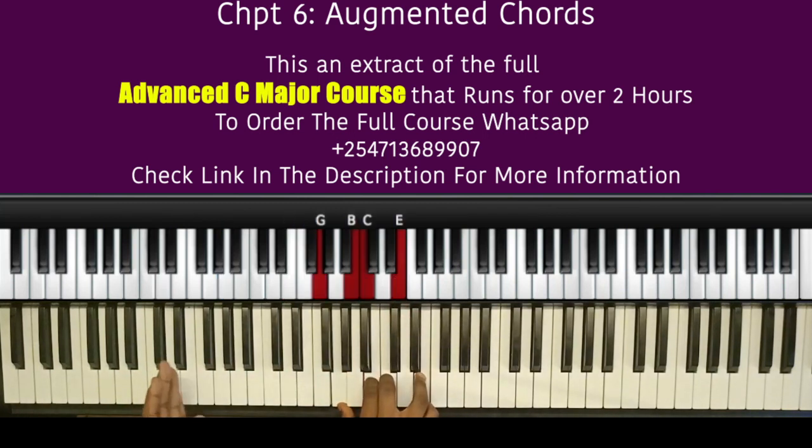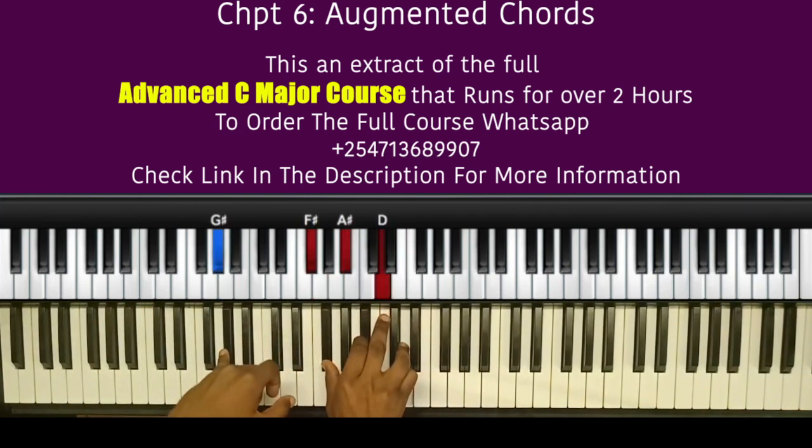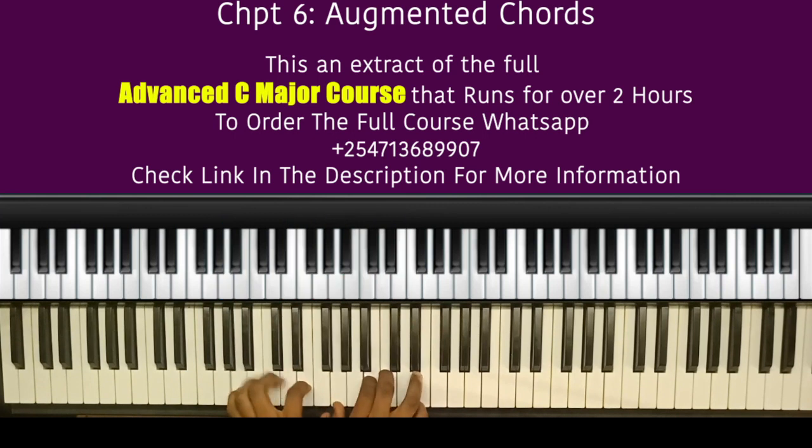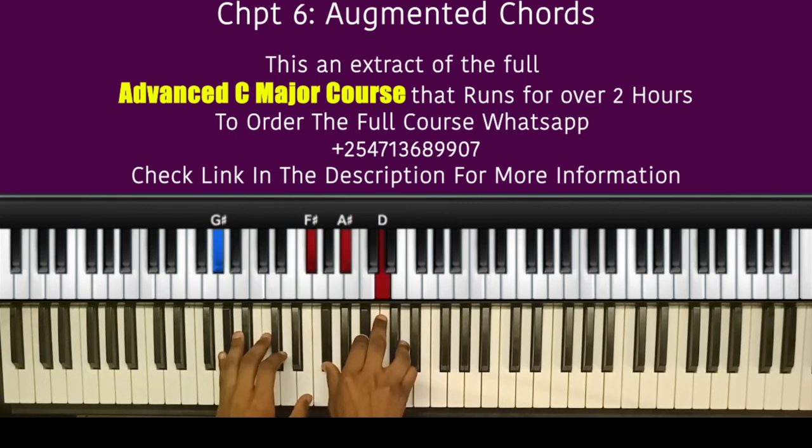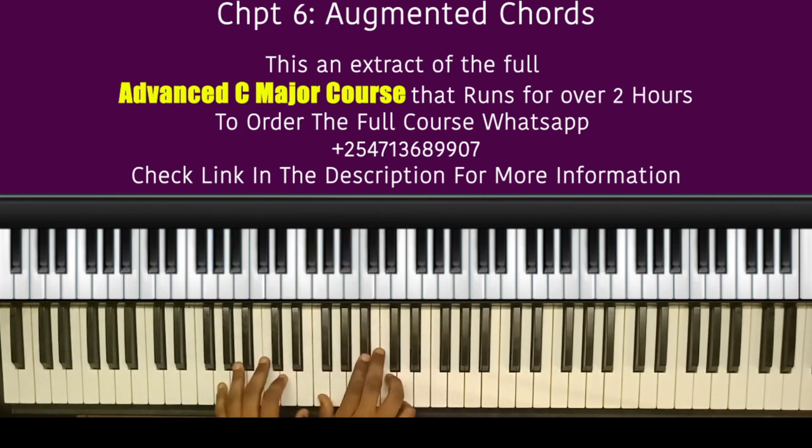So instead of you going to the 2, just go to the flat 6. So you could have such a chord. So you could have a 6, flat 6, then to the 5 as normal.